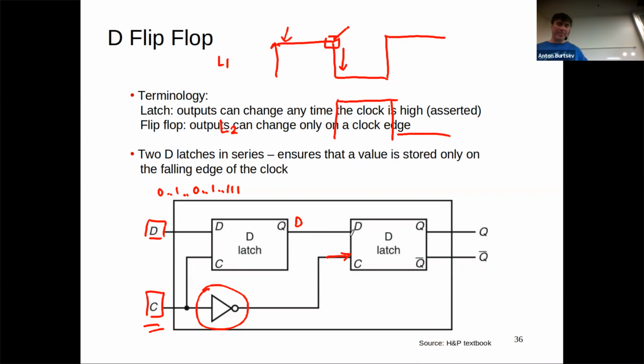Since D is already here, it will see D right here. And since D is stable for the duration of this half cycle, this will remain D for the entire duration of this high clock. Agree? And so the output of this circuit will become D.